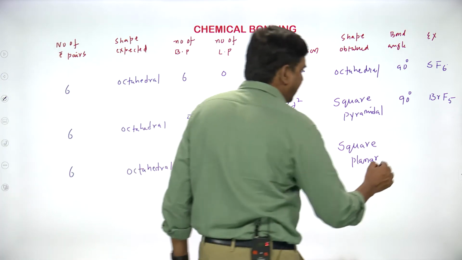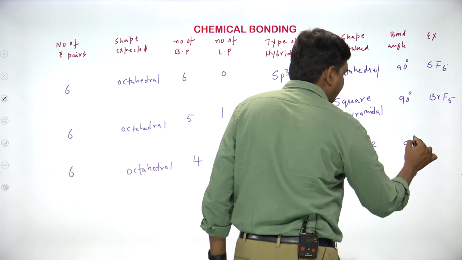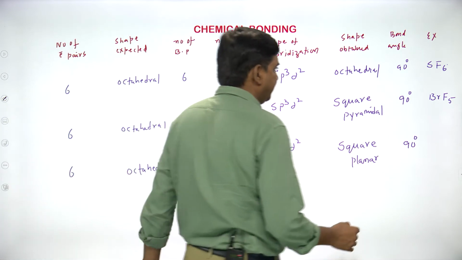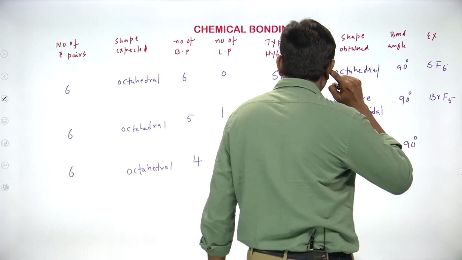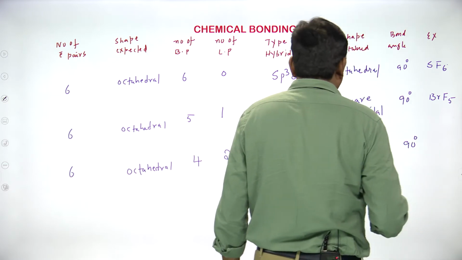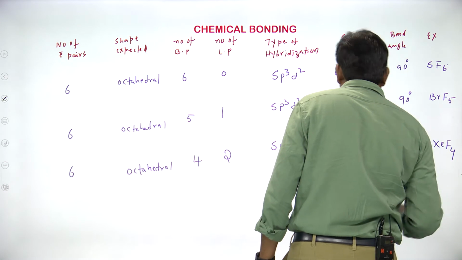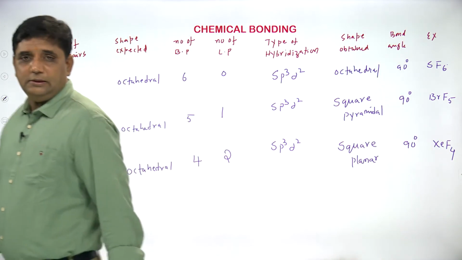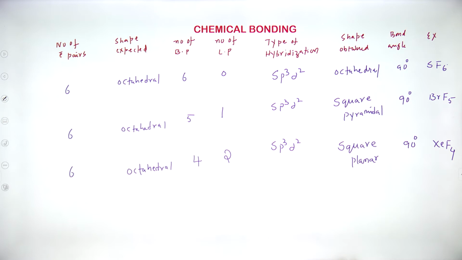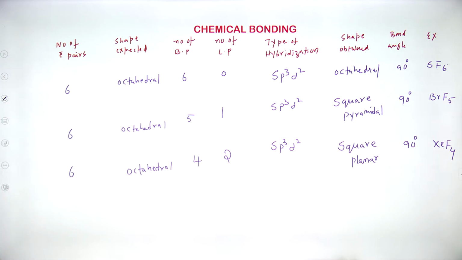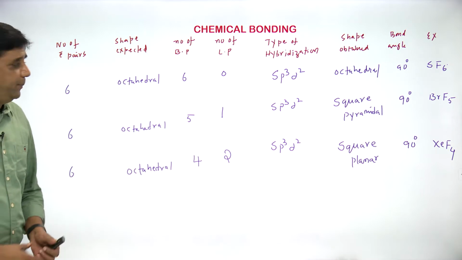And the bond angle is 90 degrees. And the example is XeF4, xenon tetrafluoride. And students, this is all about the number of electron pairs 6.